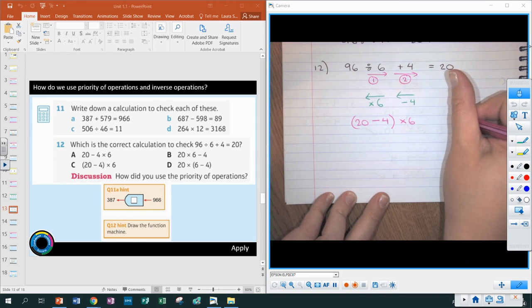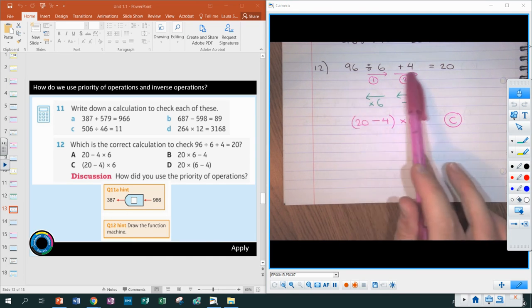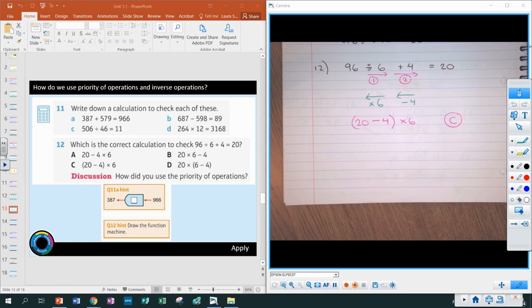So our answer should be C. Okay, so I've also used the hint by drawing the function machine, looking at what we did in order, and then working backwards. Okay, so that's a really good technique for these types of questions.